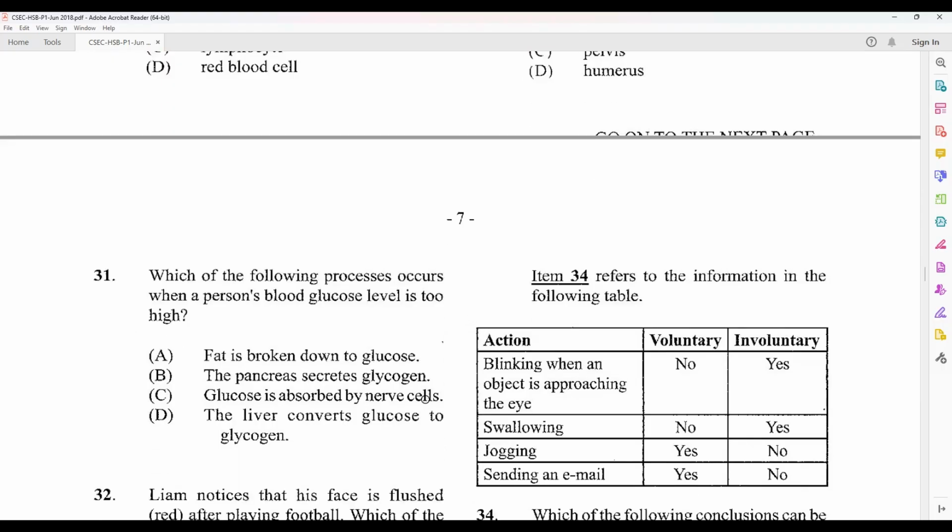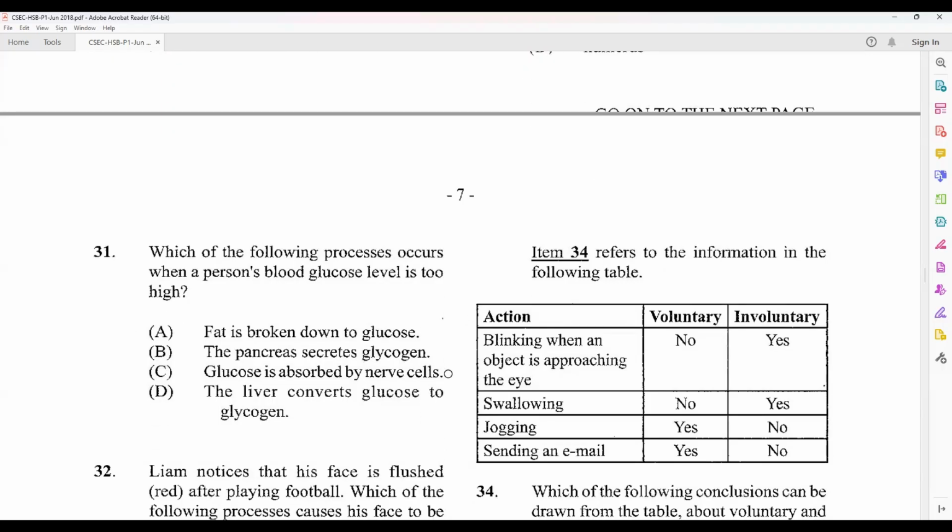This is the 31st question of this June 2018 paper 1. And so far we have done section A questions. We are in the middle of section B questions, and it follows the same order as in the syllabus.